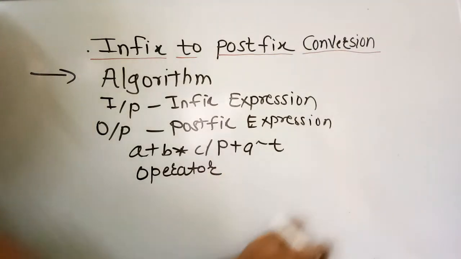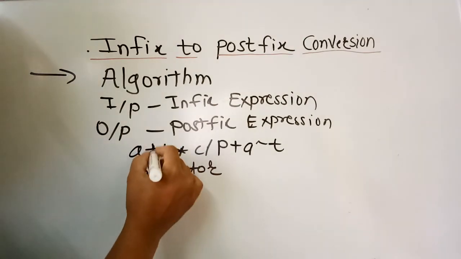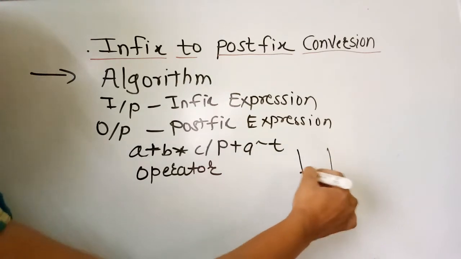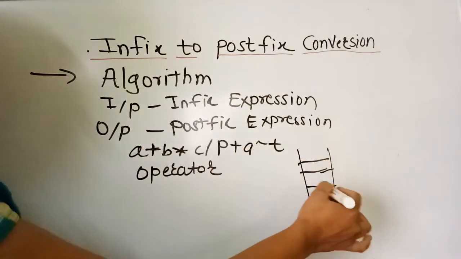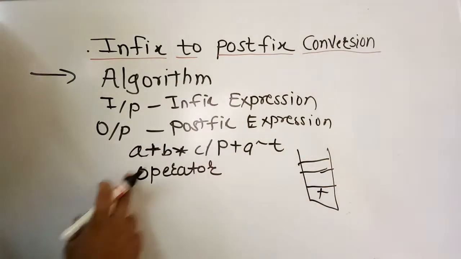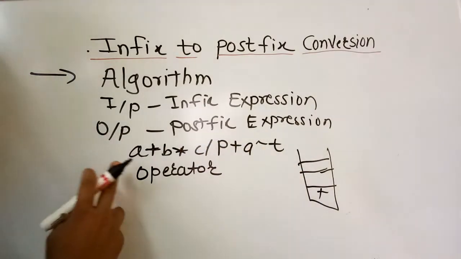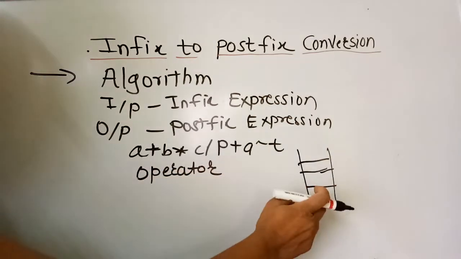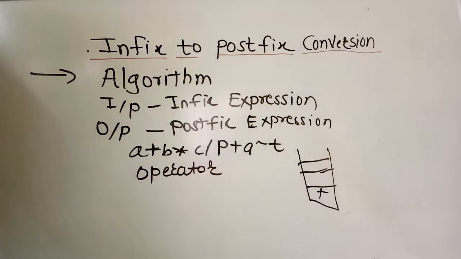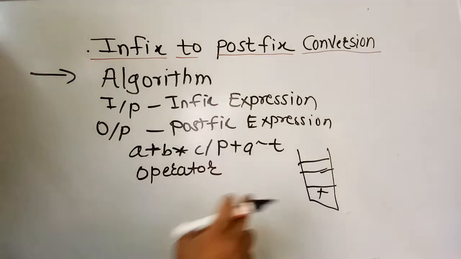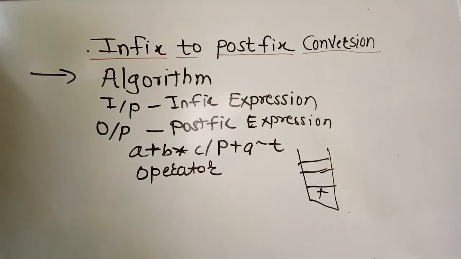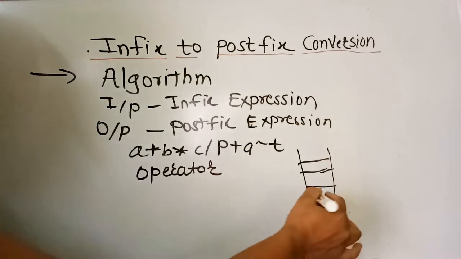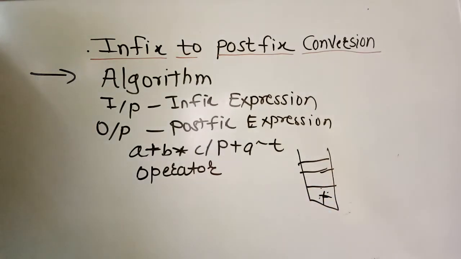When we face an operator as an input character, for example, this is the stack and you are putting the plus sign, we know that operands go on the output device and operators on the stack. First we have to check whether any operator is already present in the stack. If there is no operator, meaning the stack is empty, then push your operator on the stack.